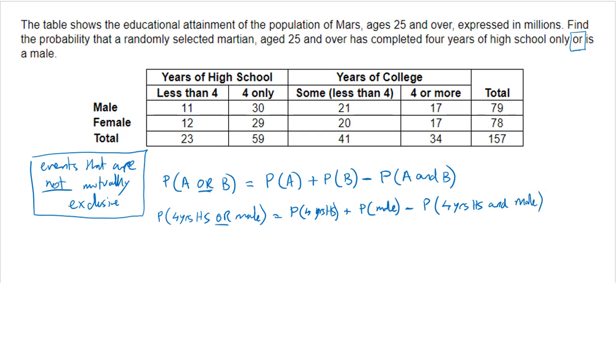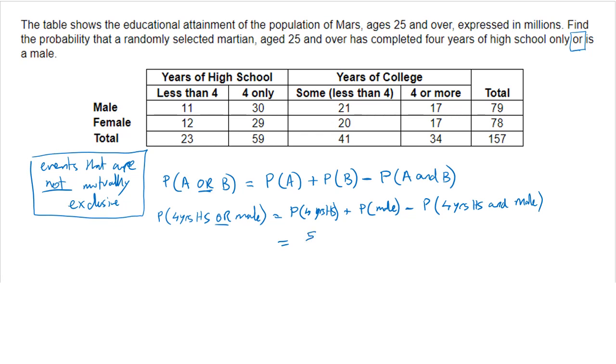So to calculate the probabilities, we will start with the probability that this person has 4 years of high school. So we look at the column for 4 years of high school, and we find that the total number of people that have 4 years of high school is 59 million. So the probability will be 59 divided by the total population, which is 157.